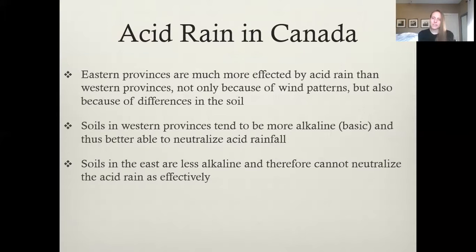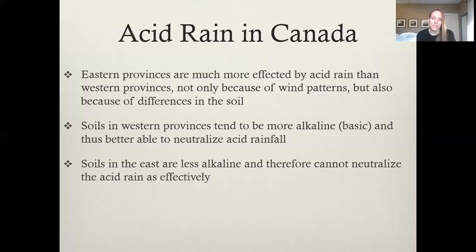Again, the eastern provinces are more affected, and that's not only because of the wind patterns like the jet stream and the prevailing wind, but also because of differences in soil. Soil in the western provinces tends to be more alkaline or basic, which means that any acid rain that does fall tends to be neutralized.